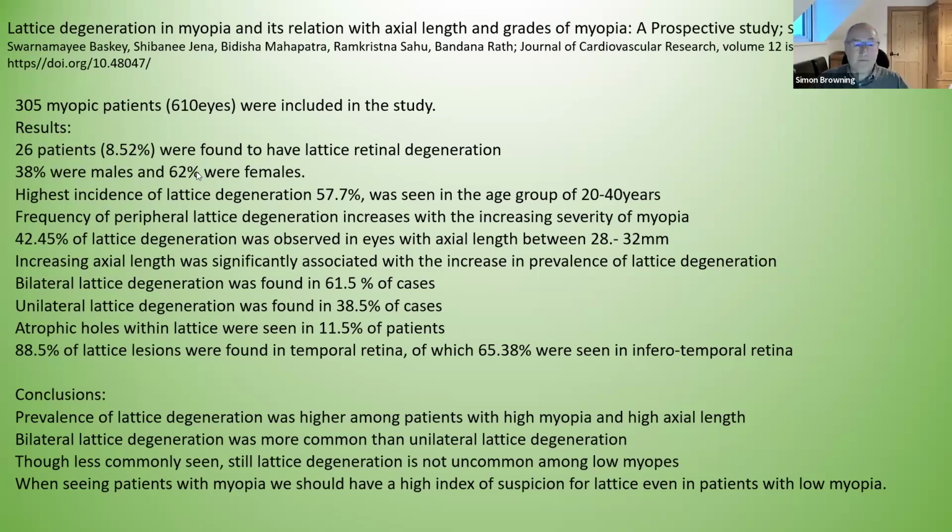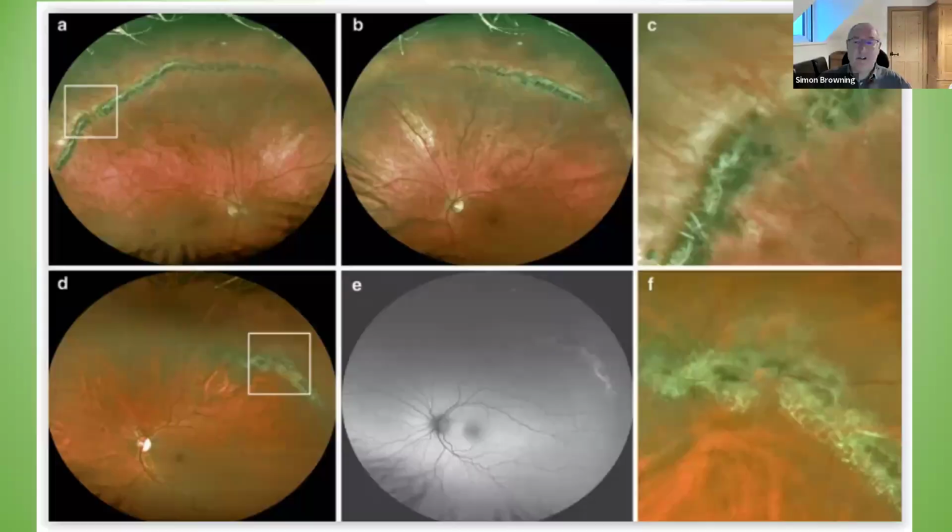The prevalence of lattice was higher among patients with high myopia and high axial length. So when you're seeing patients with myopia, you should always have a really raised suspicion that this patient will have lattice, even if they've got low myopia. I won't say you should assume they've got it until proven otherwise, but that's not a bad route to go. So you've got a myope, you must be looking in the periphery for that lattice degeneration.